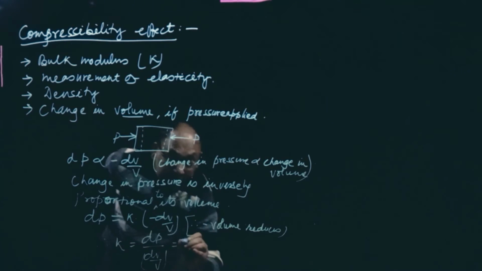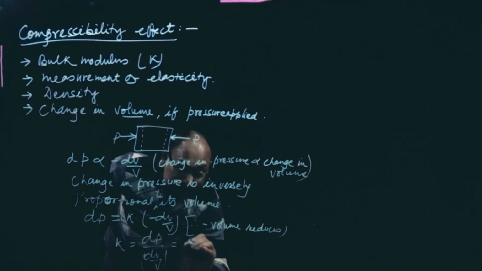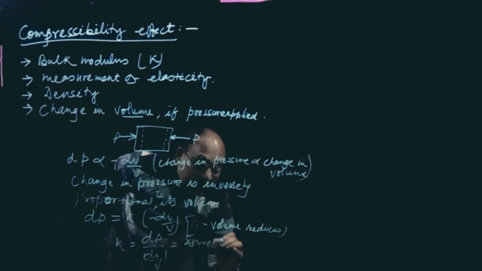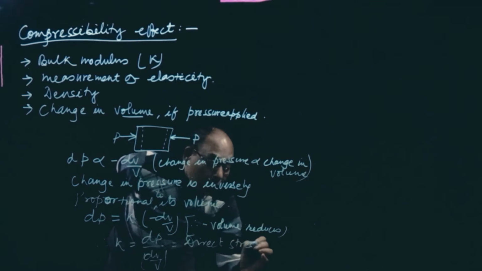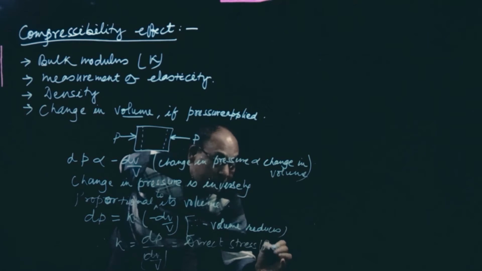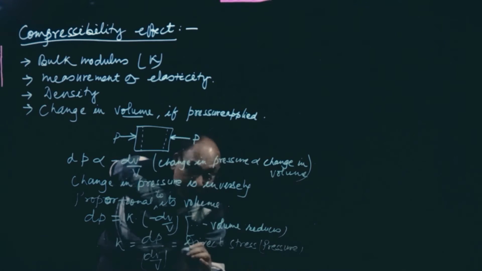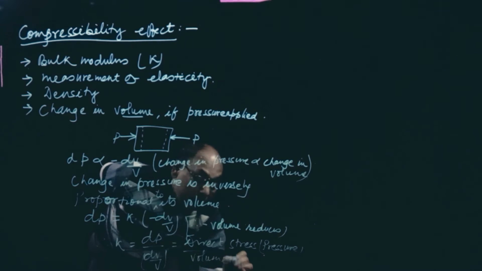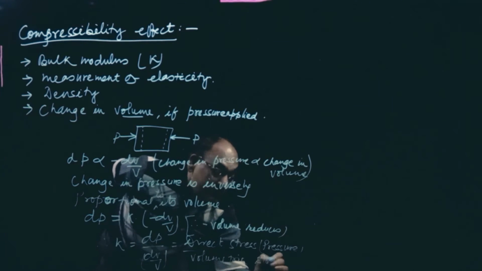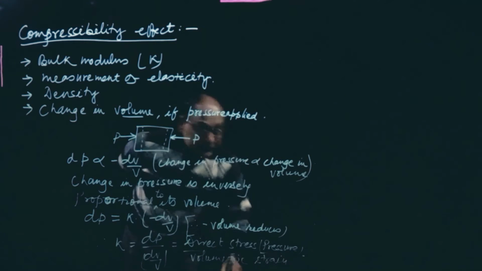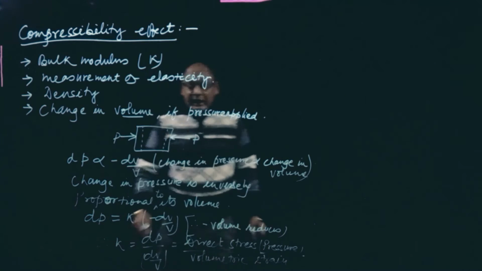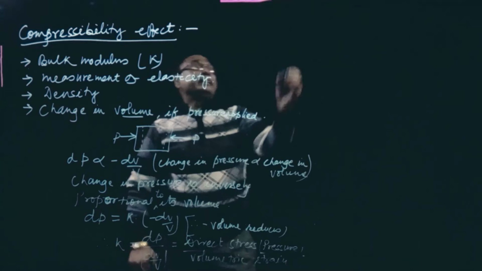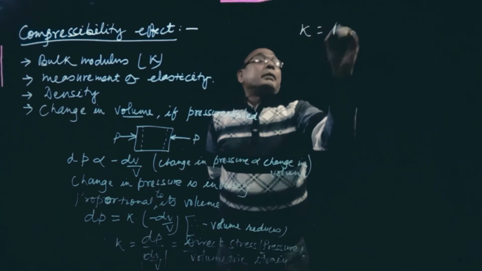Here dP is direct stress, or we can call it pressure, both having the same unit, and dV by V is volumetric strain. So stress by strain is constant, and that constant K is called bulk modulus.